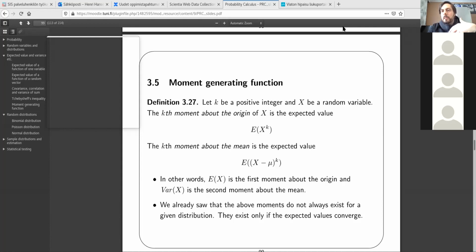But this is a theoretical tool where we can do a transformation on the random variable's density function and have an alternative representation for the random variable, not the density function, but the moment generating functions.